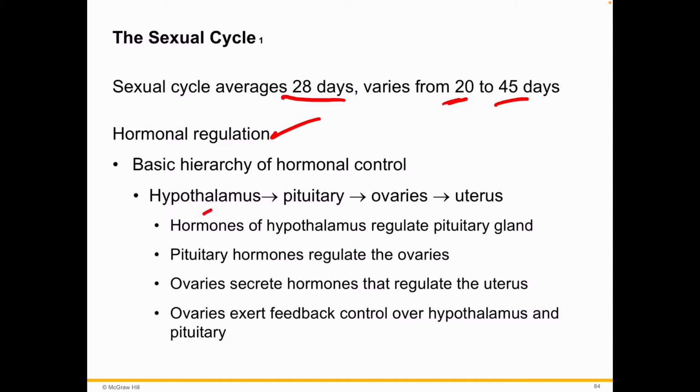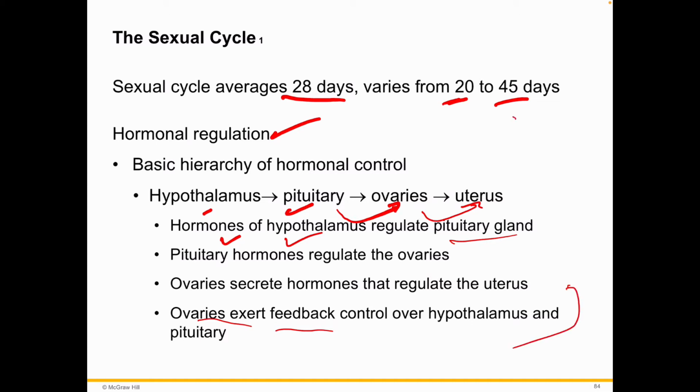So, the hypothalamus is going to stimulate the nearly adjacent pituitary, which is going to signal for the ovaries to also tell the uterus to continue on in the sexual cycle and stimulate it. The hormones of the hypothalamus are going to regulate the pituitary gland, right? The ovaries exert feedback control over the hypothalamus and the pituitary.